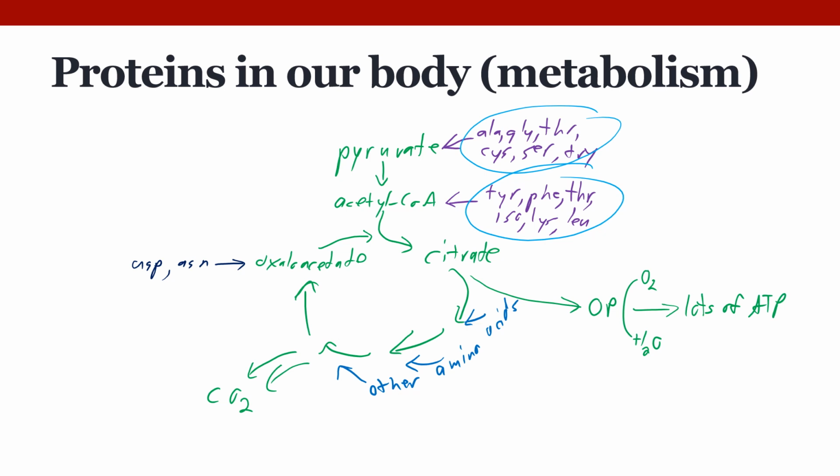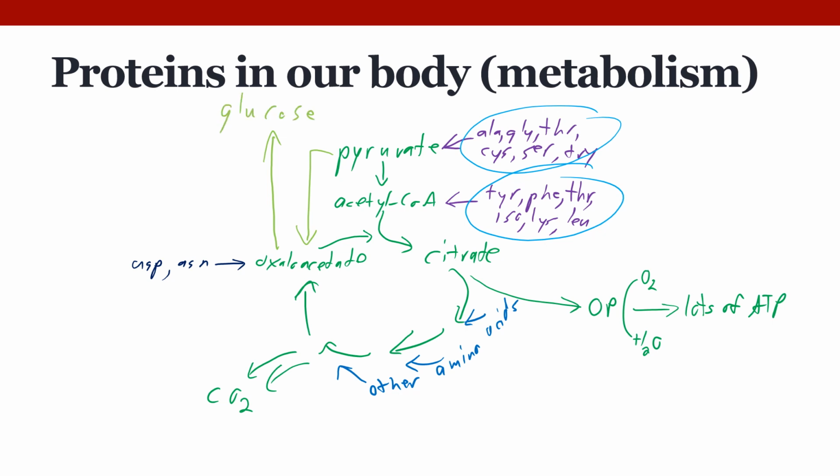One other interesting point is that pyruvate and asparagine and aspartate can form oxaloacetate, and oxaloacetate can be run backwards through several gluconeogenic pathways to make glucose.